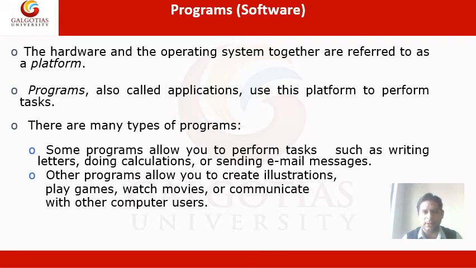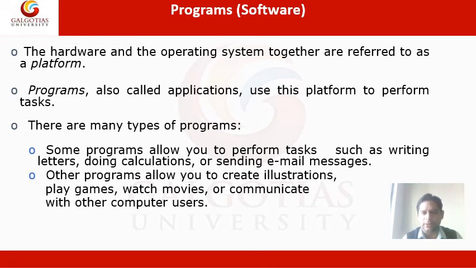The hardware and the operating system together are referred to as a platform, and programs, also called applications, use this platform to perform the task. So if you want to interact with the hardware of your computer system, you have to use a certain type of software on your computer system.